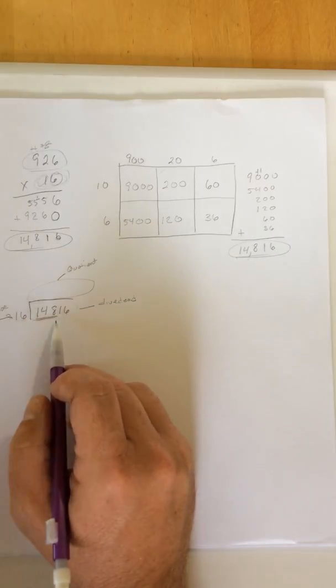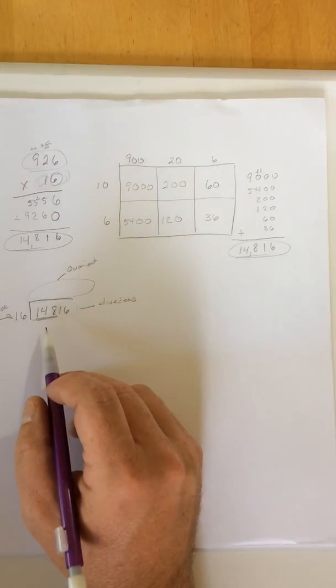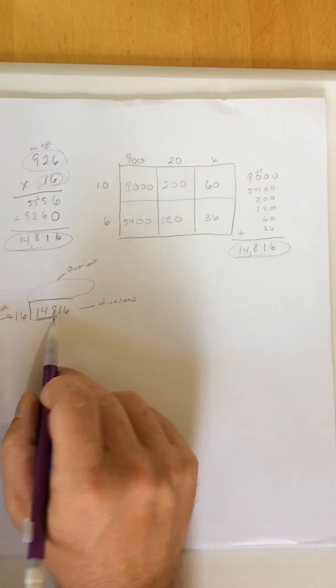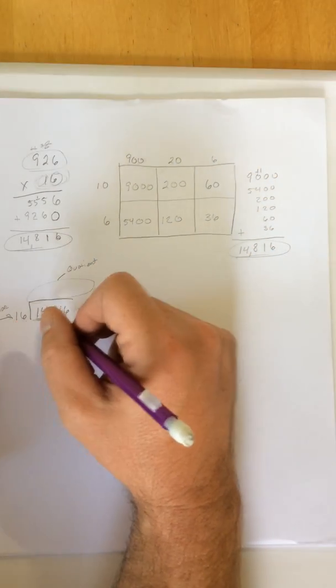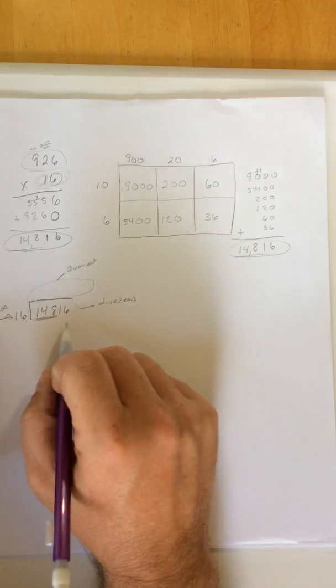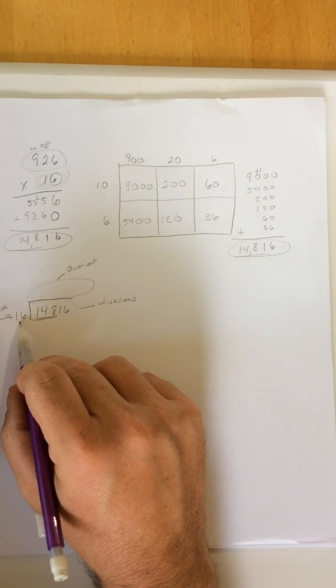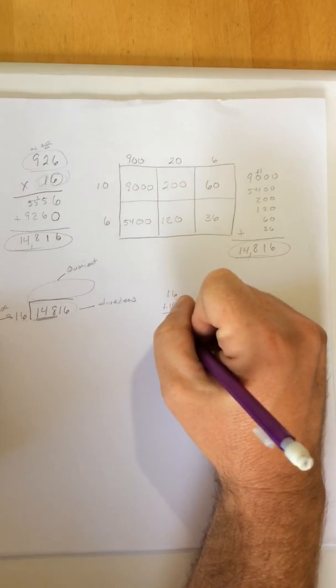Well, this is not something that we can easily do in our head, but we can use estimation to help figure out how many times we can fit 16 into 148. If you think about your multiples of 16, 16 plus 16 equals 32.